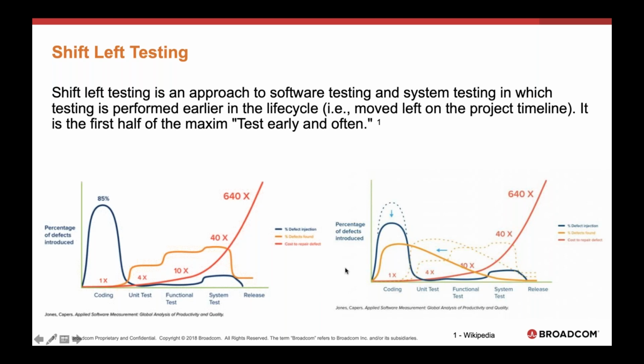Because of this, the industry is adopting shift left testing, which initially actually reduces the number of defects injected by these developers because the culture itself changes. Developers take ownership of the quality rather than relying on some other siloed QA group. And what's happening is more and more of these tests are run earlier in the cycle, which means the number of defects that's found later is much lower when you have shift left testing in place.